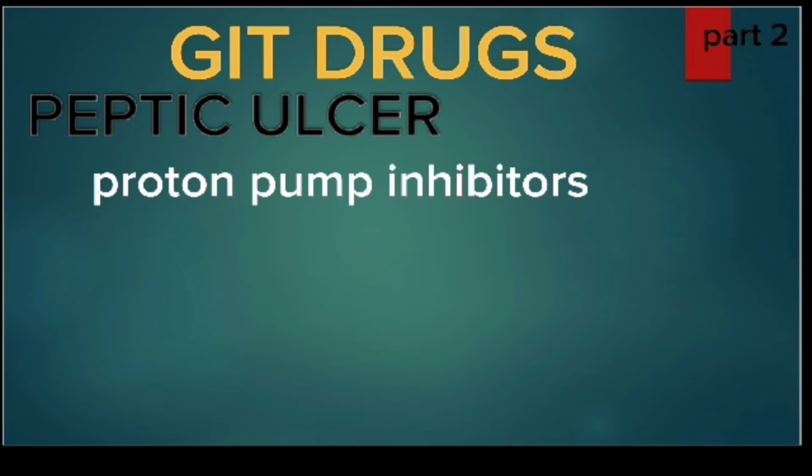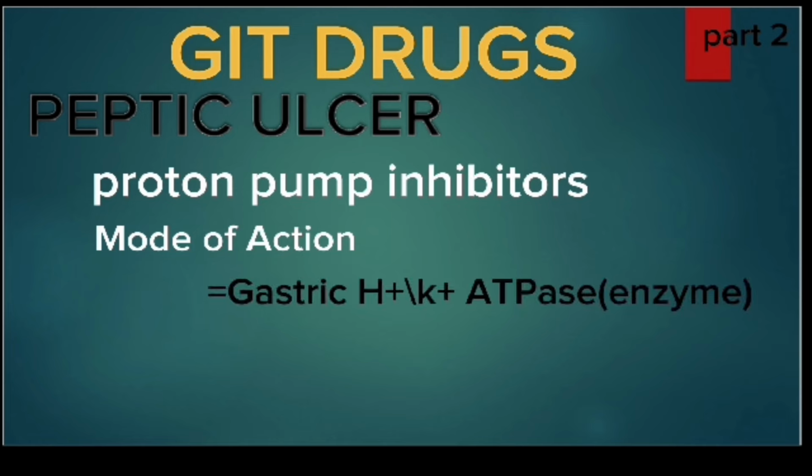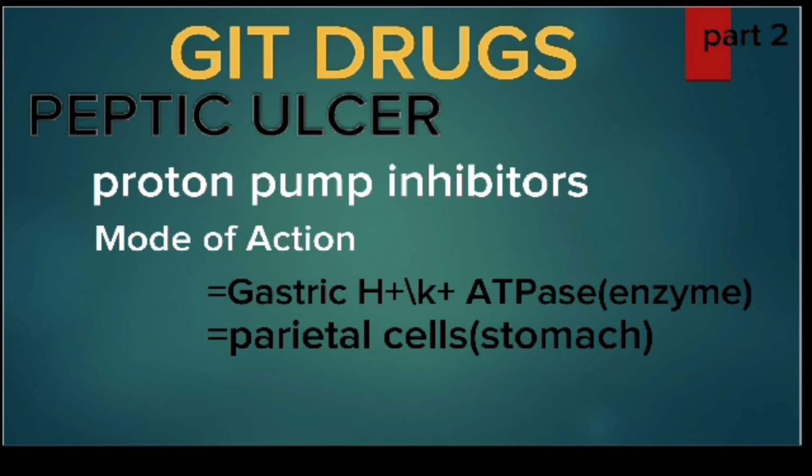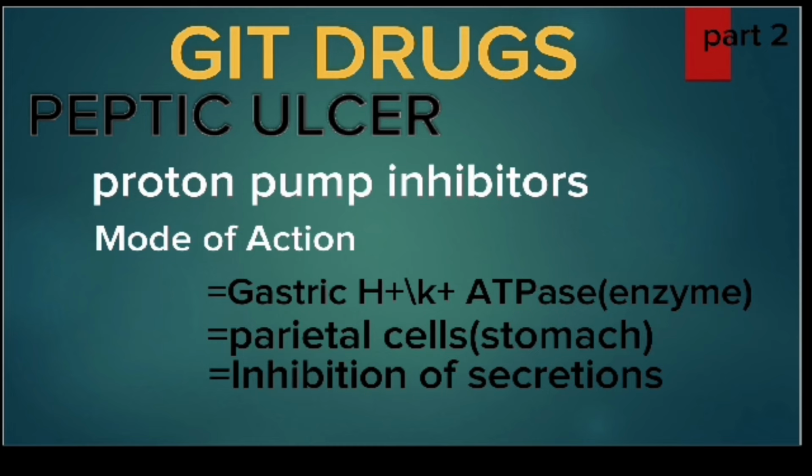Now we will see the mode of action of this drug, how it works. For this you have to learn some words like gastric hydrogen potassium ATPase, parietal cell, and inhibition of secretion.